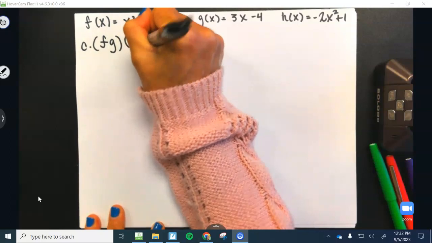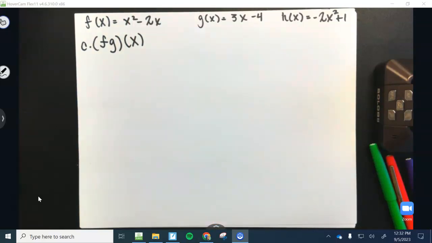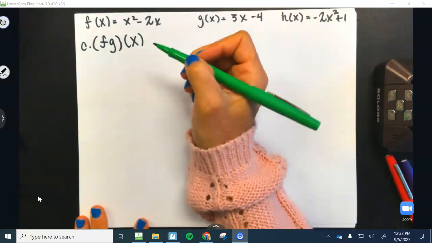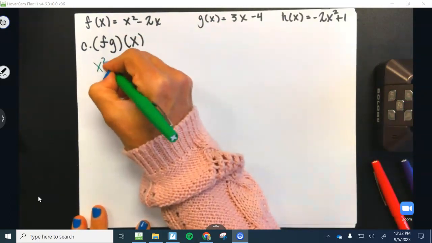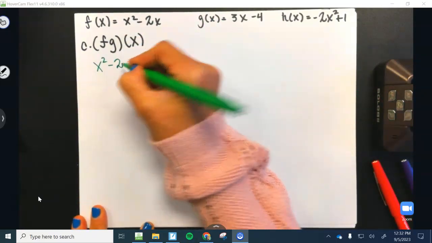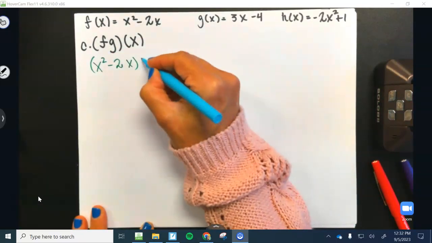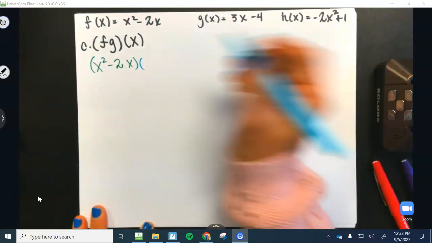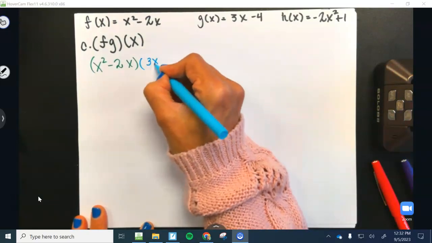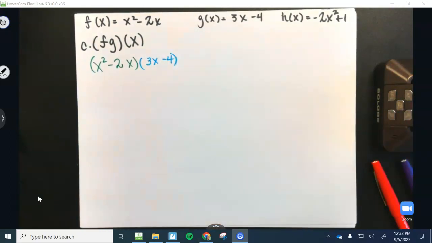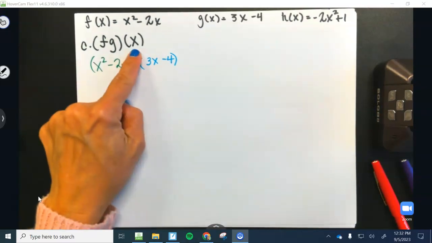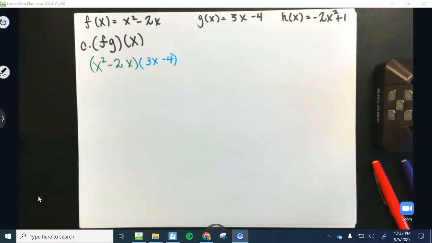And we're going to leave it in terms of x. And remember, parentheses are our friends in higher level math. So we're just going to set both of these in parentheses. And we are going to be foiling this stuff out. And we are going to leave it in terms of x because that tells me to leave it in terms of x. Okay, let's FOIL.